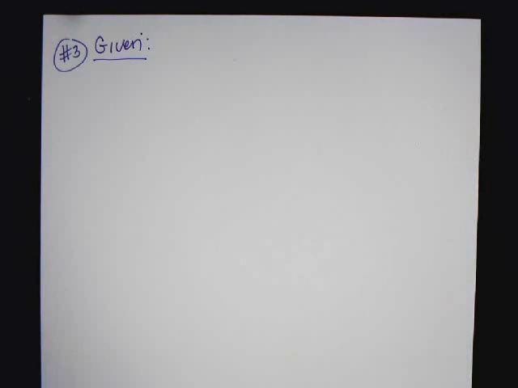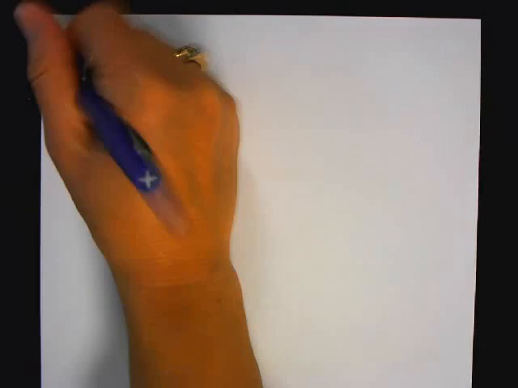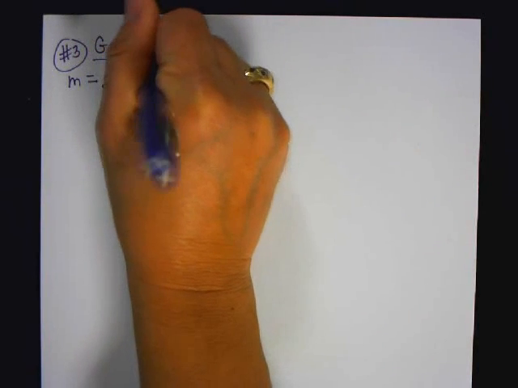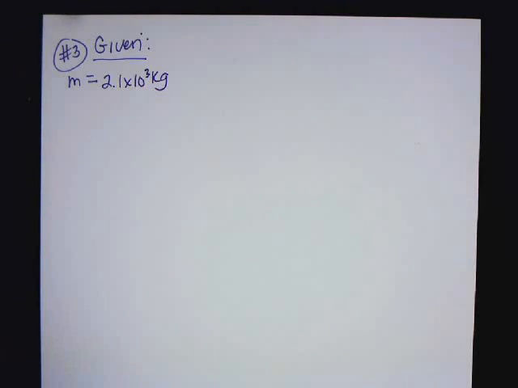Okay, so problem number 3 says a 2.1 times 10 to the 3 kilogram car starts from rest. Oh no, what does that mean, starts from rest? Equations from chapter 2.